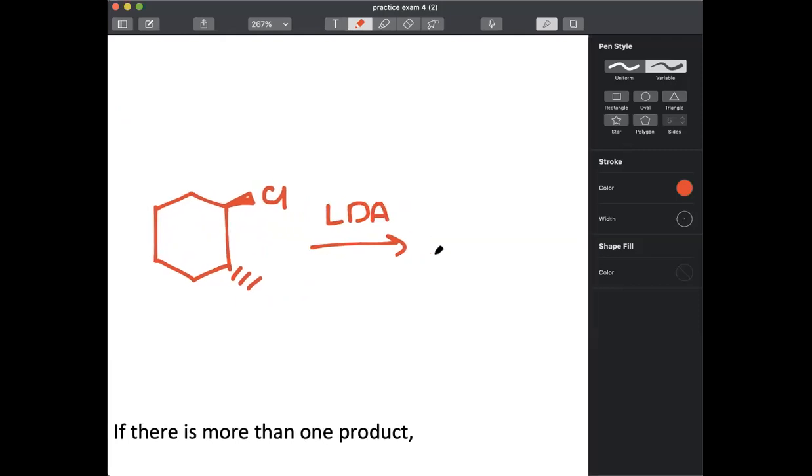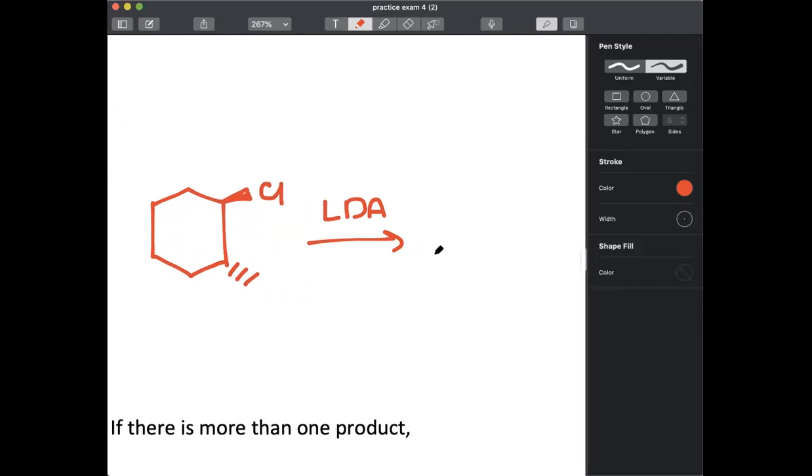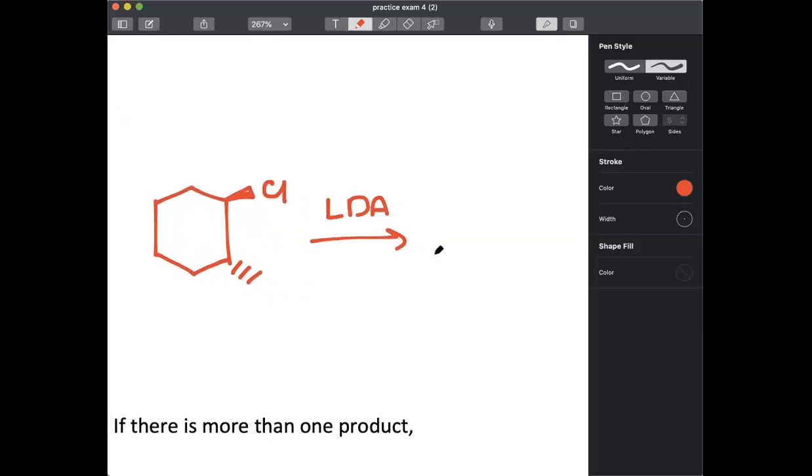What pathway is it going to go through? E2. Yeah, E2. Pretend that's an E. So we have two beta protons here. We have one on a wedge over here, and we have two over here. God, that's ugly. So if we go after both of these, let's just assume we can go after both of these.